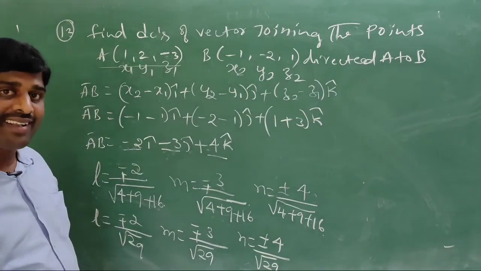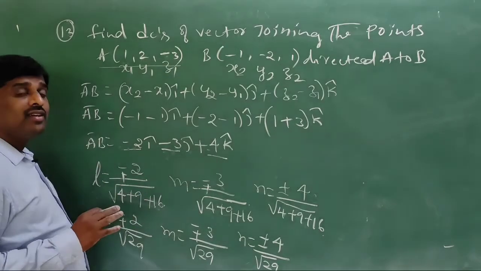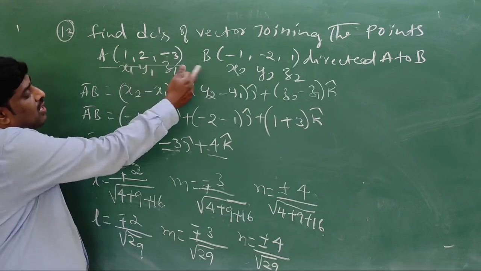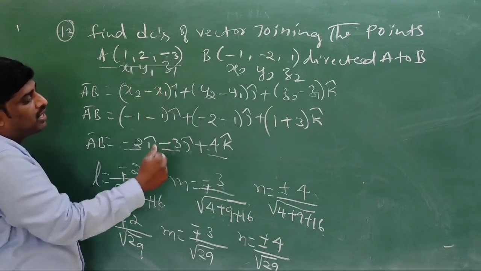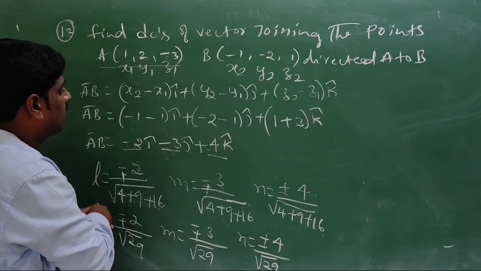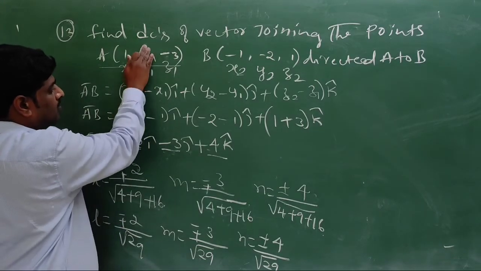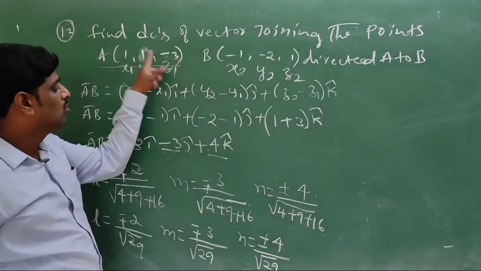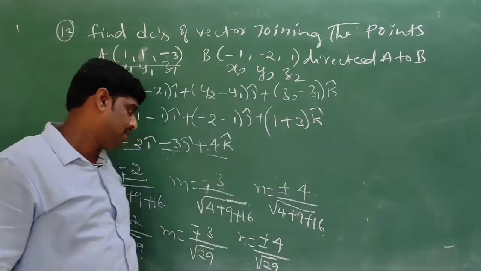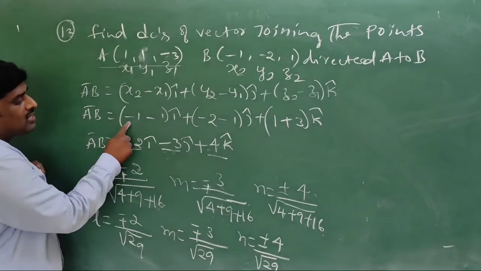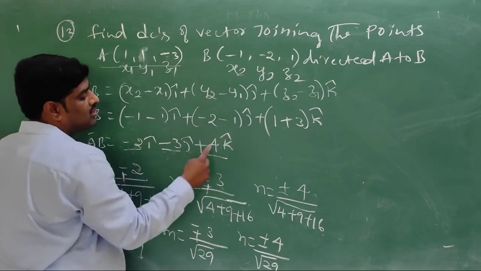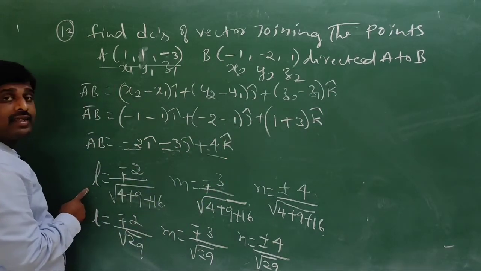First you have to find a vector and then find direction cosines for that vector. That is -1 minus 1 i cap, -2 minus 2... minus 3 j cap, 1 plus 3 is 4 k cap. Now take the formula.